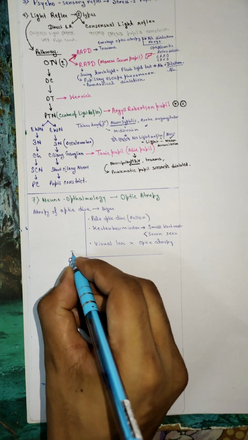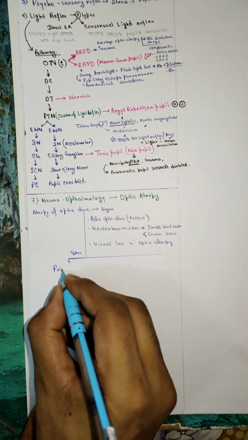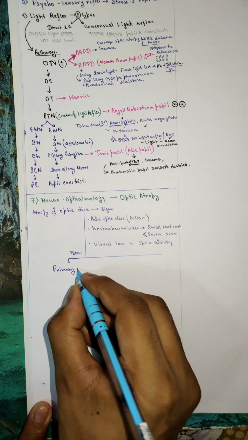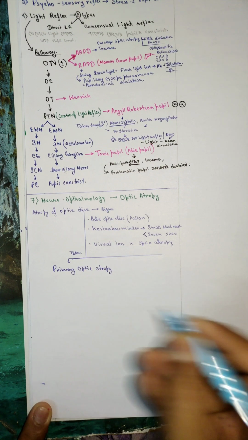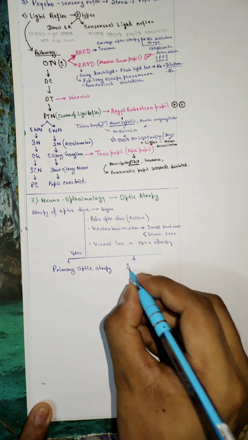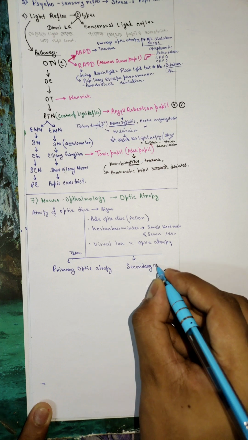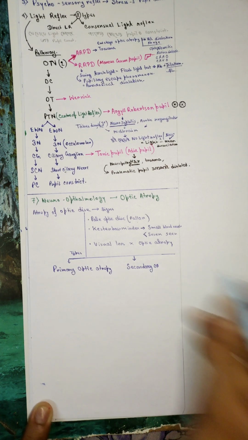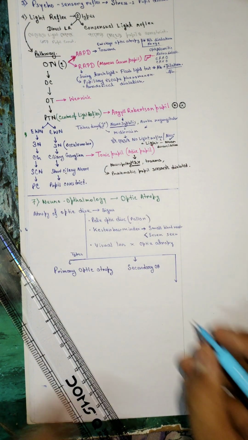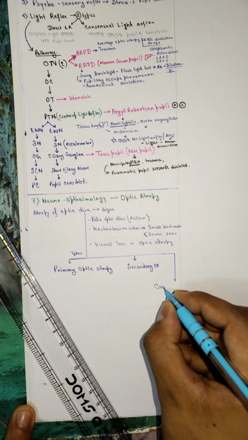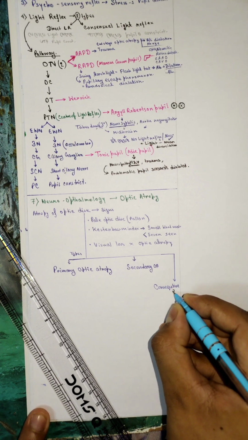If we see the types, there is obviously primary atrophy, secondary, and the third one is consecutive optic atrophy.